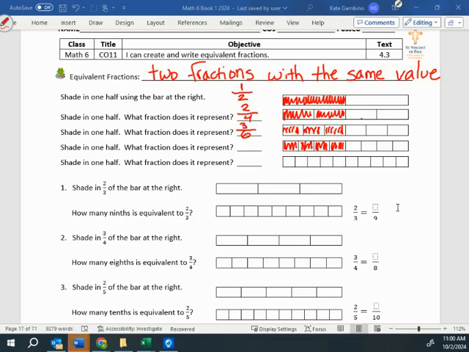What fraction am I going to have for this bar, Jack? 4/8. I shaded in 4 parts out of 8 total parts. Now let's look at this last bar, shading in 1/2 of it. We can see it's all still the same value, but what does this fraction look like, Helen? 5/10.